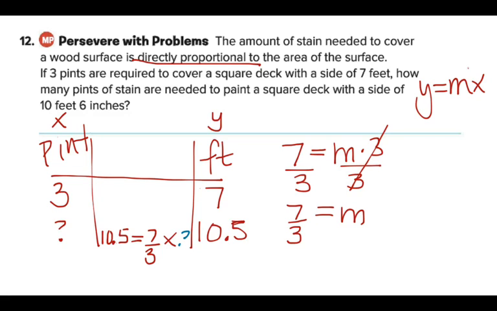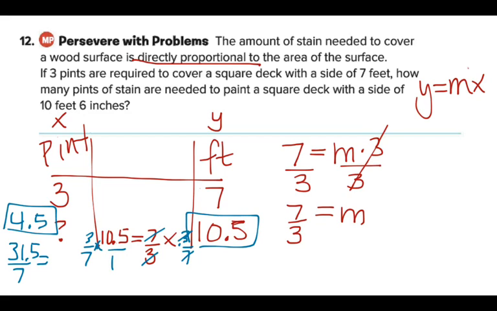To solve it, I'm going to multiply each side by 3/7. That will cancel my 3's, and that will cancel my 7's. Okay, gets a little bit tricky here. Just use your calculator. 3 times 10.5 over 7. Okay, that gets me 31.5 over 7, which equals 4.5. So if I have 10.5 feet, I'm going to have 4.5 pints.